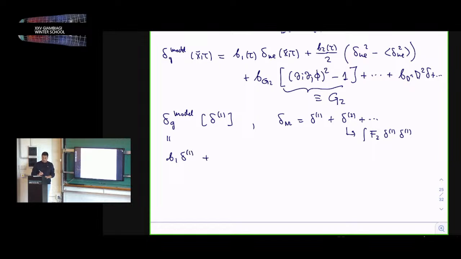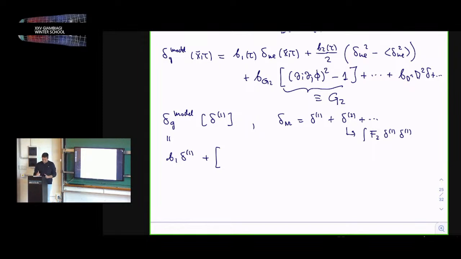But then when we go to second order, we are going to have something like that. So there will be F2 coming from here. I'm going to be very sloppy in principle. I'm trying to write this in momentum space.